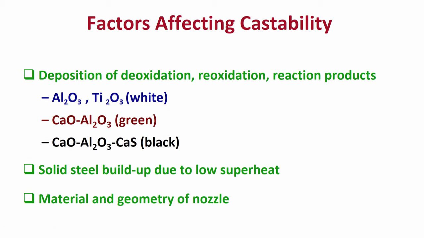Castability getting affected means whatever liquid steel is coming from the tundish to the mold, the flow of that liquid steel will get affected because of nozzle clogging, the sub-entry nozzle getting clogged, the ports of the sub-entry nozzle getting clogged. Now, what are the problems? The problem can be large deoxidation products, reoxidation products, or any reaction which is taking place between liquid steel and the refractory. So, what are the possibilities?